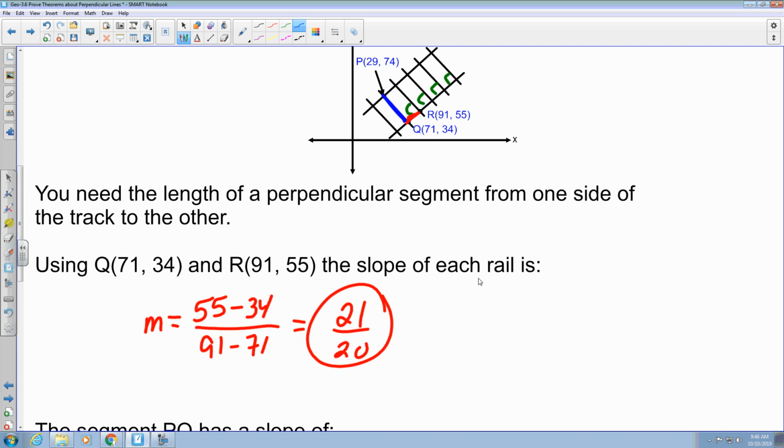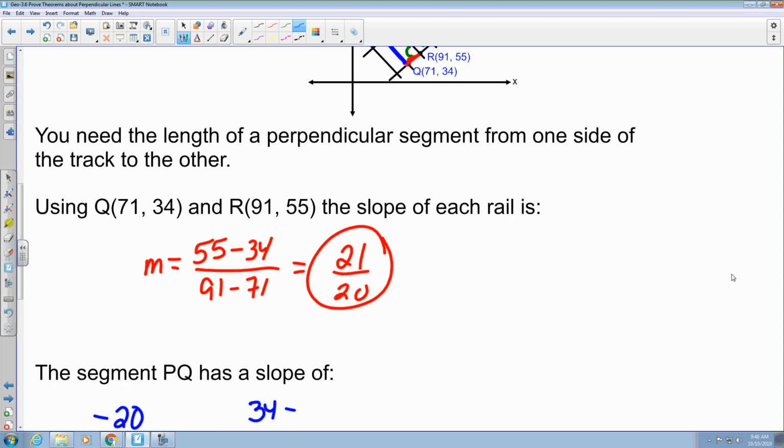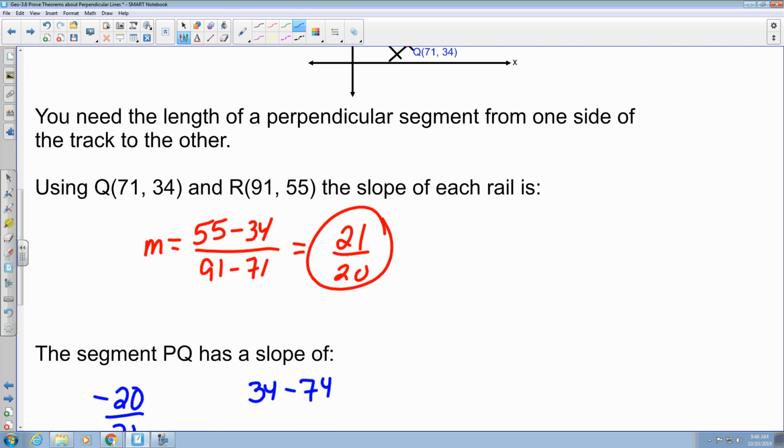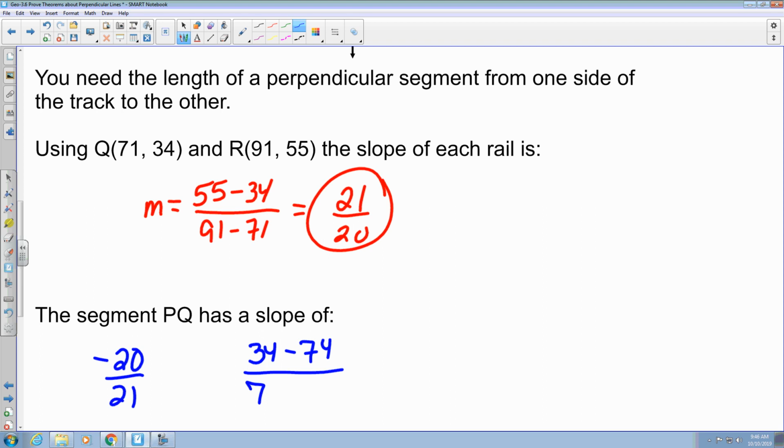So PQ is, P is 29, 74 and Q is 71, 31. So we get 34 minus 74 over 71 minus 29.